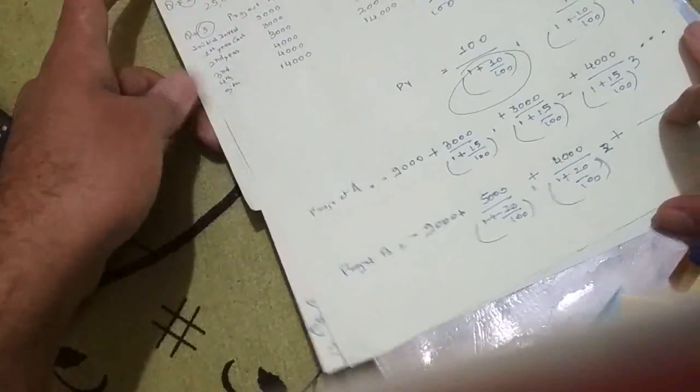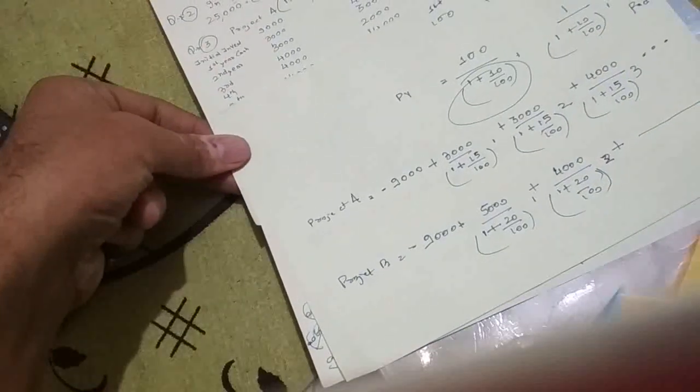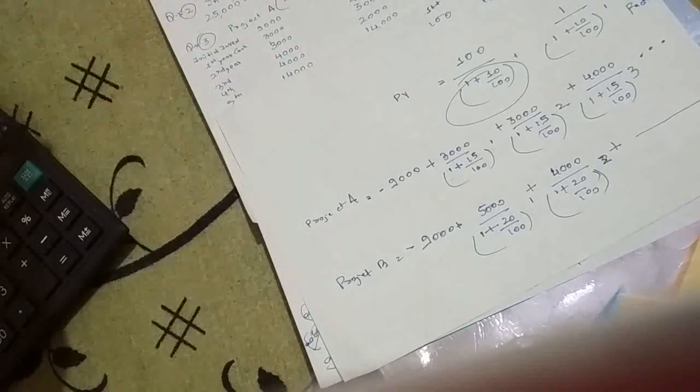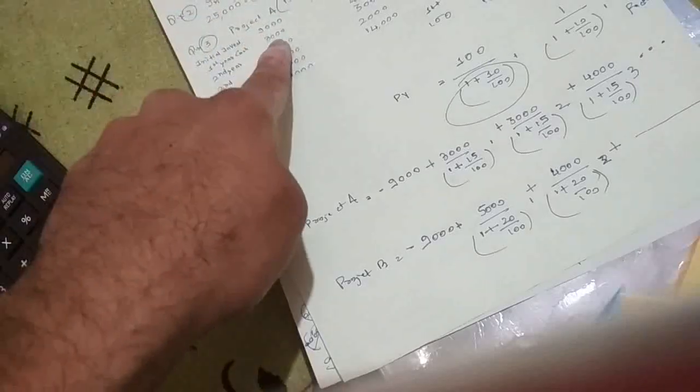Here in the questions I haven't mentioned the discounting factor. In the questions you might be given the discounting factor at the rate of 15% for the first, second, third, fourth, fifth year. They will mention it, and if they mention it, you don't need to do anything. You just multiply that discounting factor with the amount, as we did in the last example.